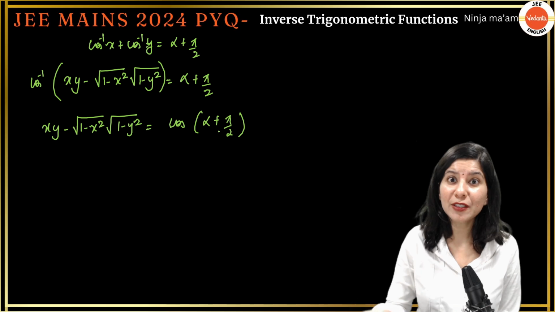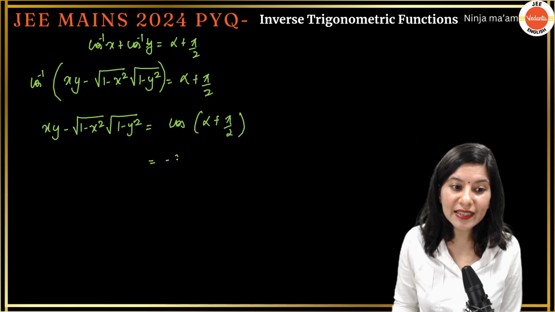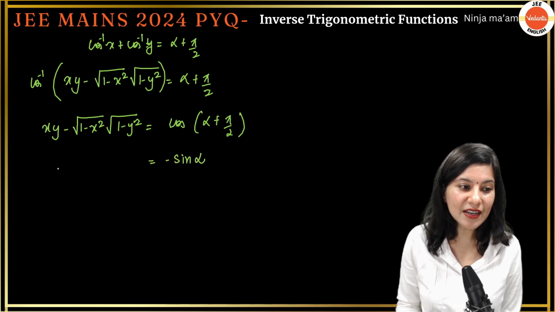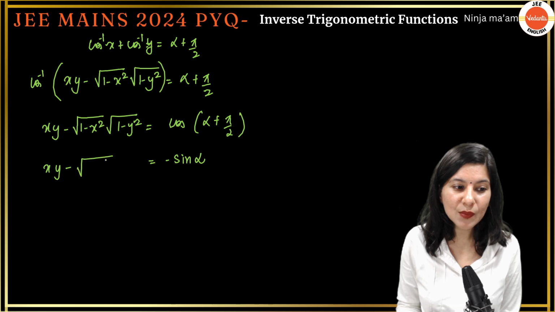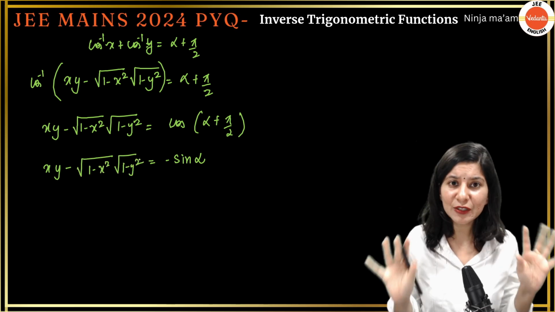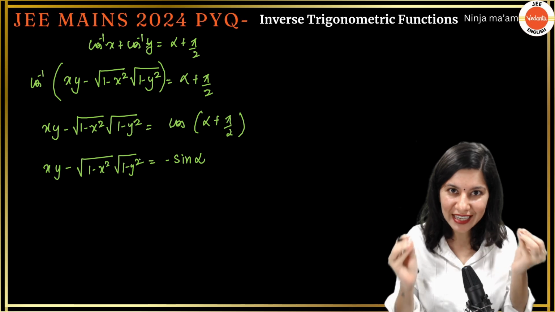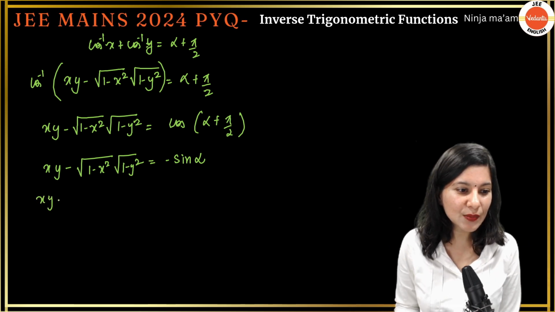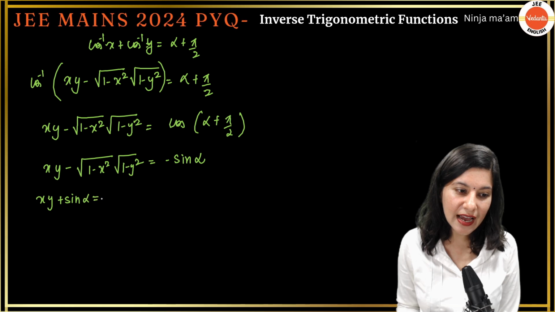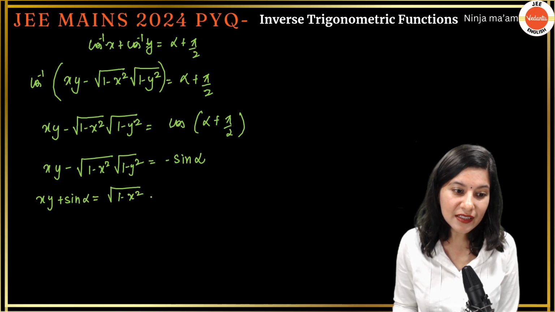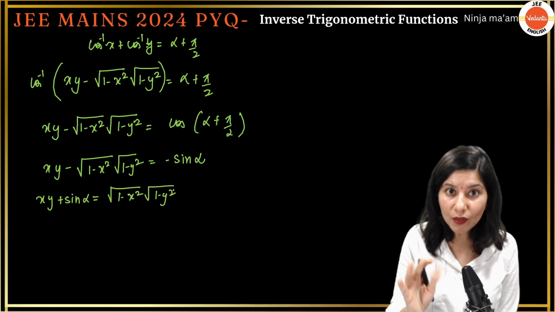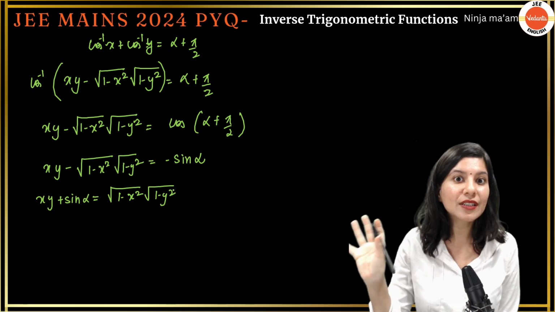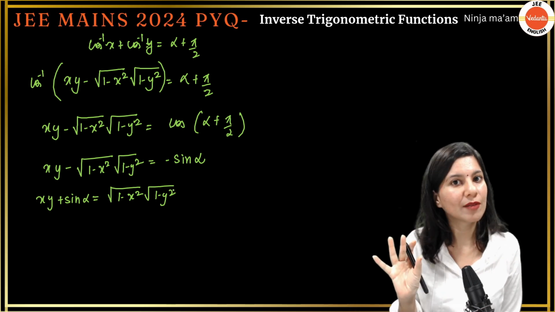Cos of pi by 2 plus theta is minus sine, so this is minus sine alpha. This is xy minus square root of 1 minus x square, and so on. Obviously we are going to square it, but we need some patience. There is a right time to square it out. So this is xy plus sine alpha. The moment you see that the squared quantity is separated and on the right hand side, that is the best time to square.